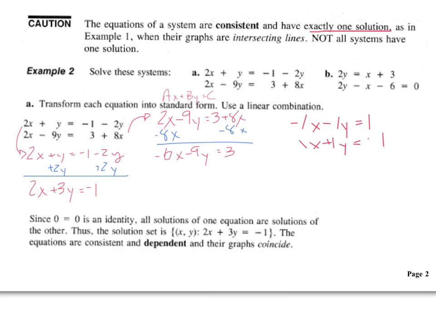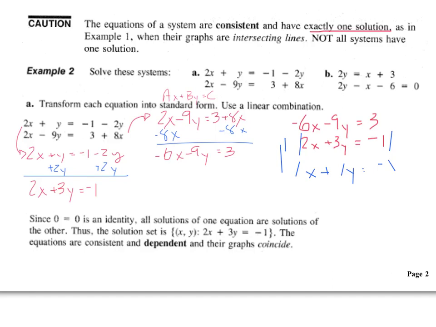Now, these look a lot alike. What I'm going to do is I'm trying to eliminate one variable or the other. So I can either choose to eliminate x, eliminate y. I did y last time, so let's do x this time. So if I notice, I got a -6 and a +2. If I multiply this by 3, I get a new equation, 6x plus 9y equals -3.